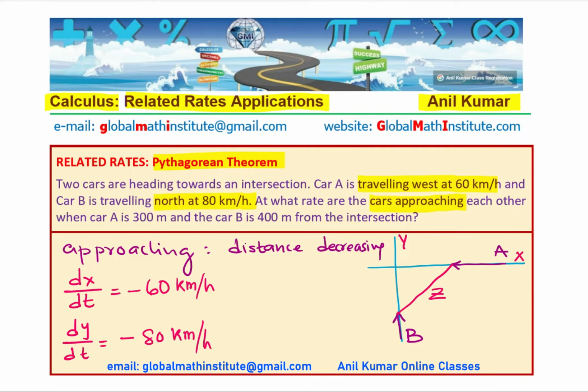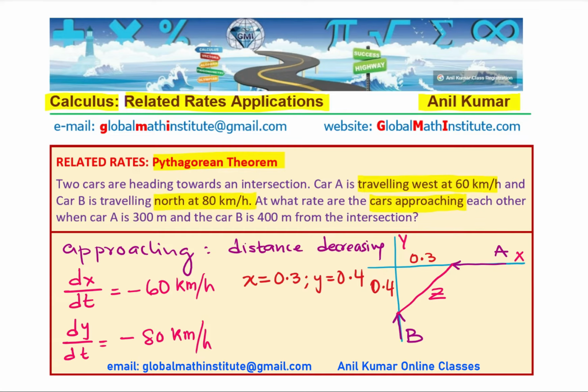We are given car A is 300 meters, so 0.3 kilometers, right? And car B is 0.4 kilometers. So those are the distances. So x value being equal to 0.3 kilometers and y value being 0.4, correct?